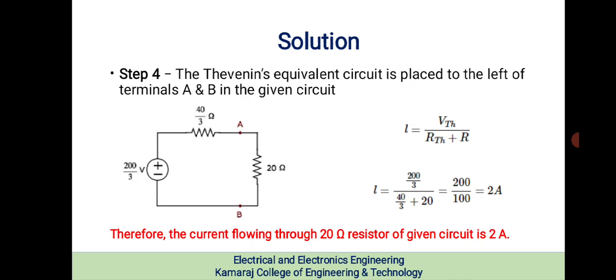So I substitute all the values: 200 divided by 3 is VTH and 40 divided by 3 is RTH, plus 20 ohm, which is our load resistance. So the overall value of I is equal to 2 amps, which flows through the RTH as well as RL. Because in series resistances the currents are the same, the current flowing through the 20 ohm resistor of the given circuit is 2 amps.